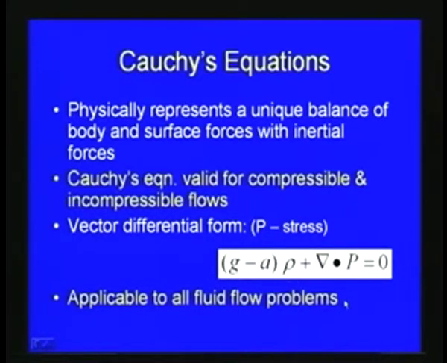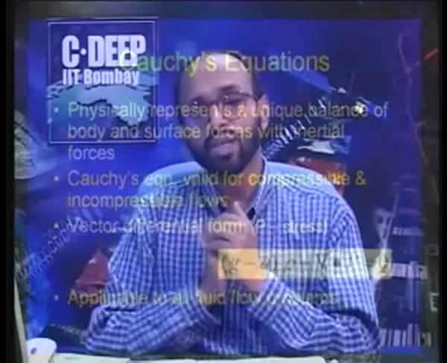As I mentioned, Cauchy's equations are applicable to all fluid flow problems, either compressible or incompressible. The only thing is that depending upon the problem, we have to change certain parameters and then we can derive the equations.